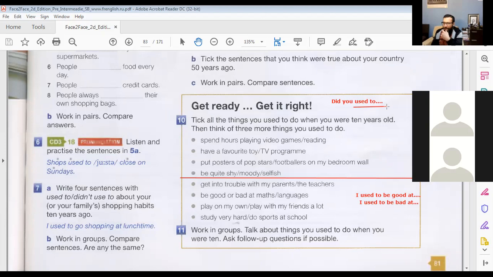Did you used to be good or bad in math or language? How can I answer? I choose bad or good. Yeah, she asked you bad, only bad. She said, did you used to be bad at maths or languages when you were 10? Yes, I'm too bad in math. So only bad, but only maths, but not languages. Yeah.